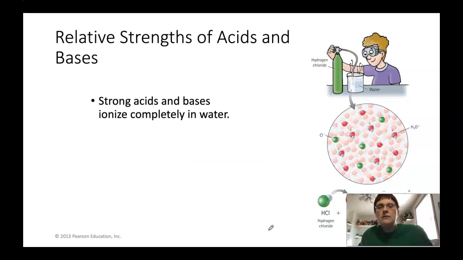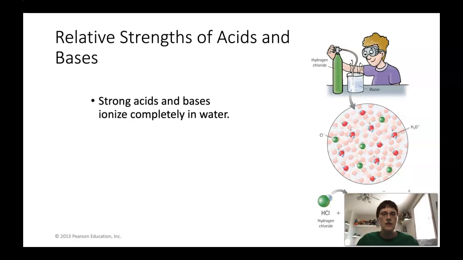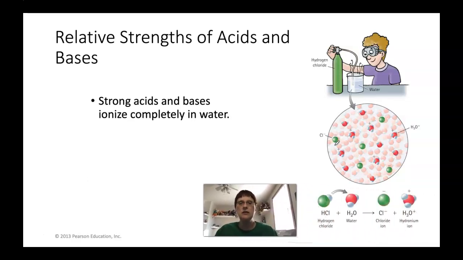So you may have heard about strong and weak acids. I just wanted to mention those real quickly. These are acids and bases, but it's all about how they interact with something like water. Here you can see in the cartoon they are mixing hydrogen chloride in with water, and hydrogen chloride does work as an acid.